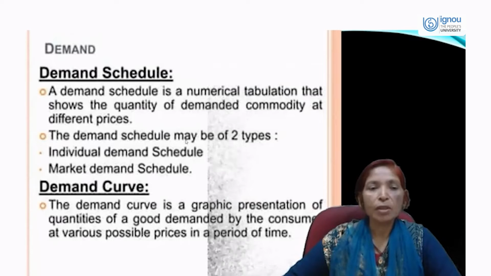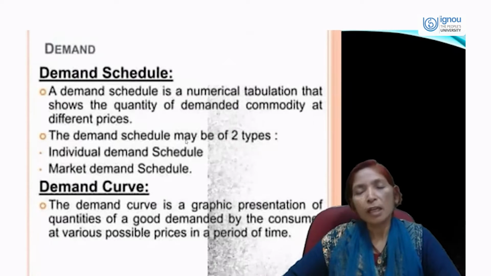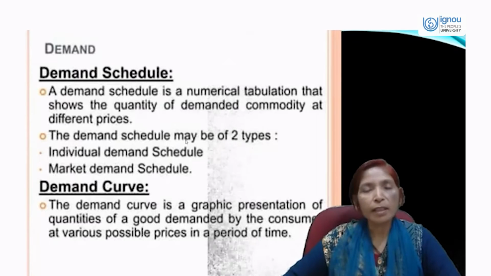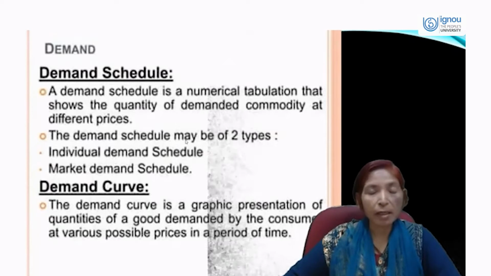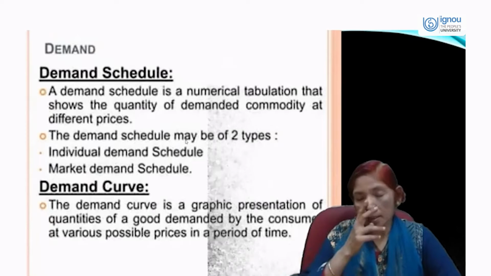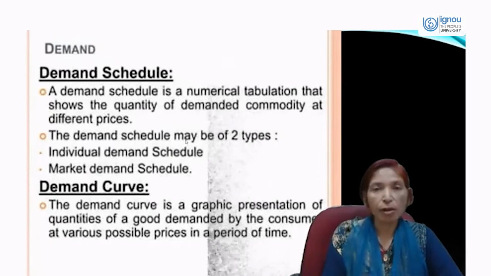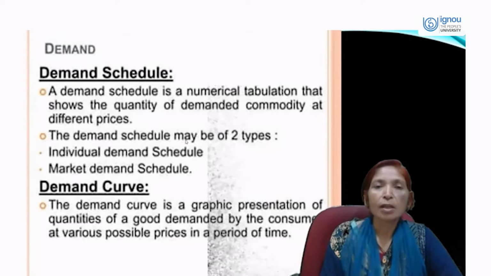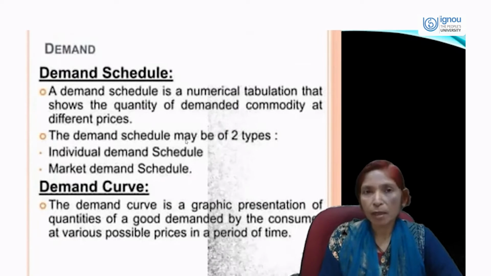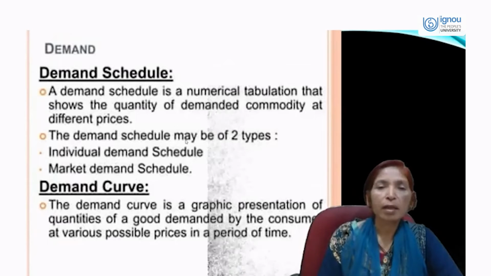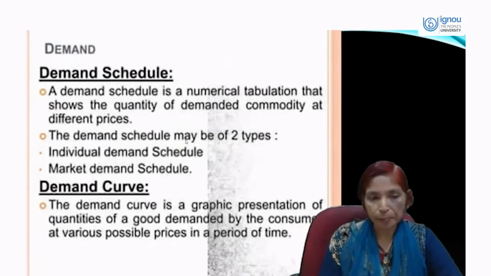Individual demand schedule shows only an individual person's different quantities demanded of a commodity at different levels of prices. But market demand schedule shows the summation of all the individual demand. If we sum up all the individual demand at different prices, then we can get the market demand schedule.